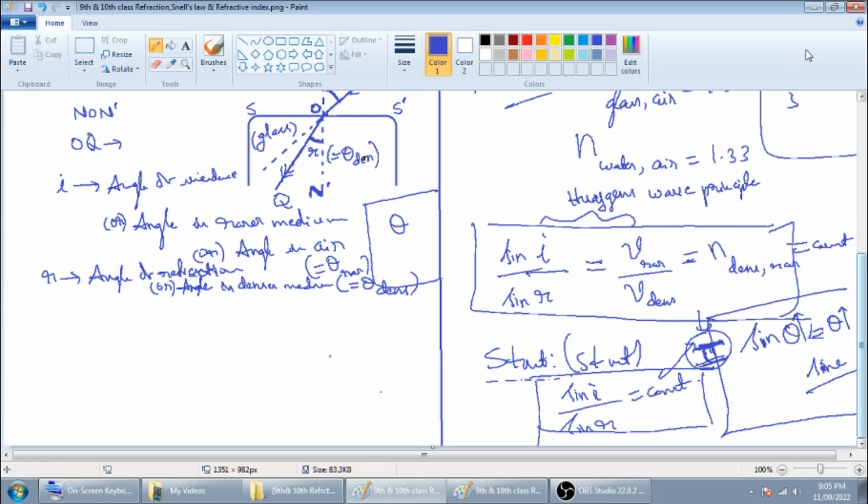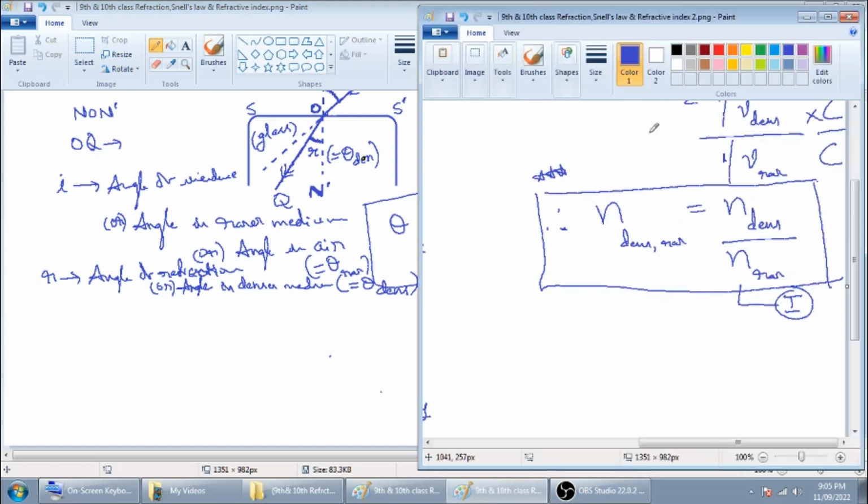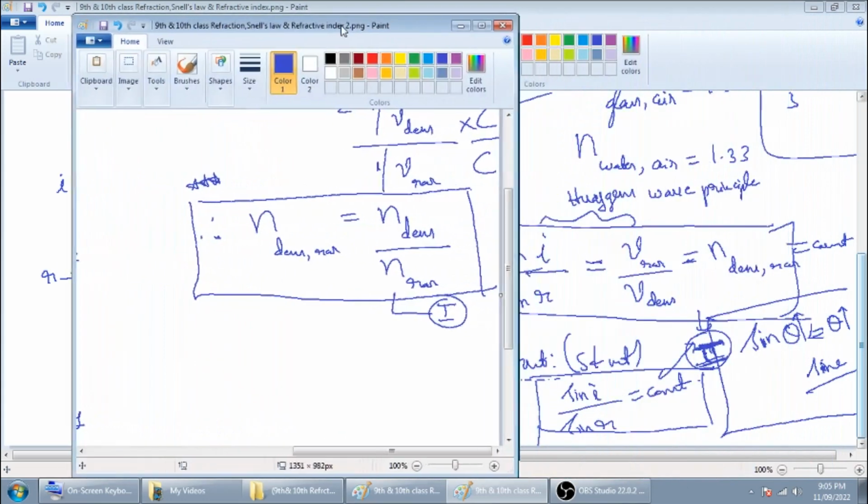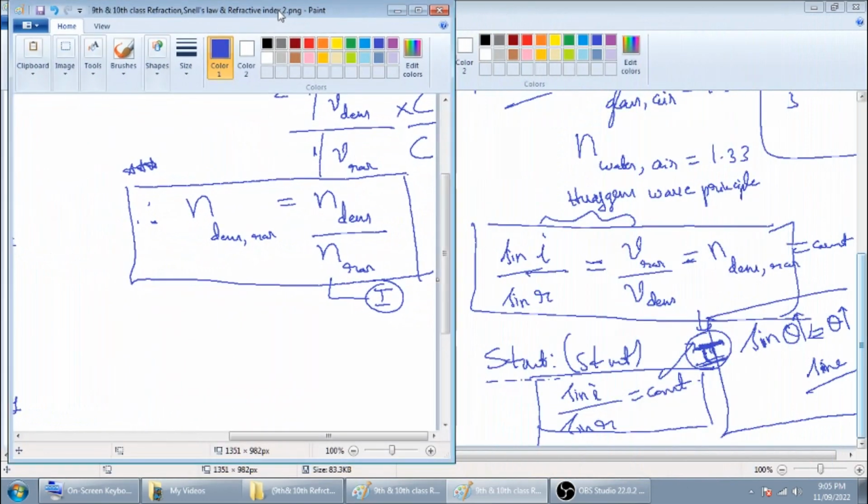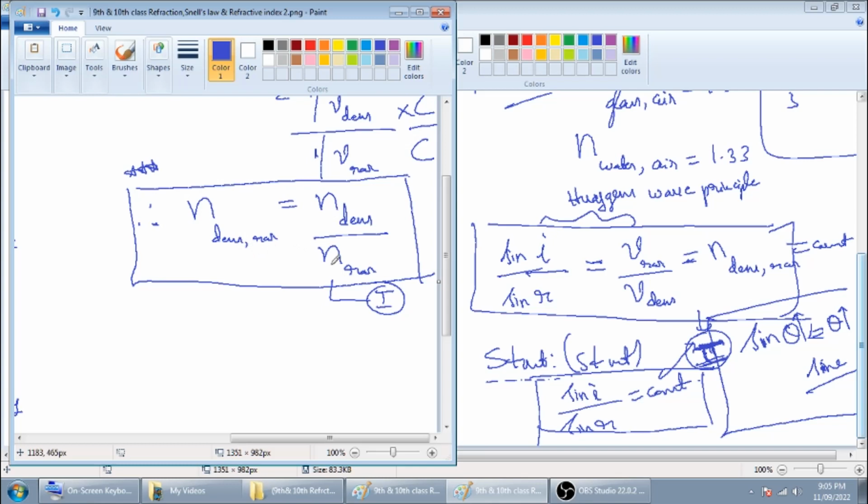So I'll reduce this and bring it here. This is our present topic, relation between relative and absolute refractive indices.